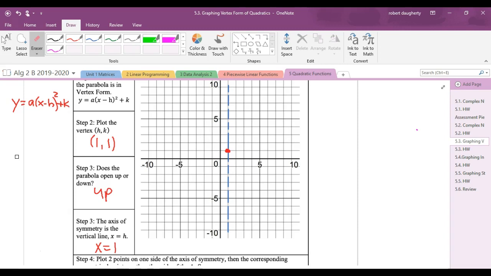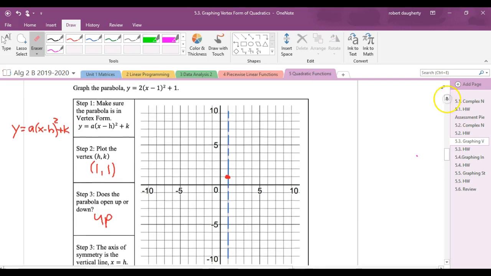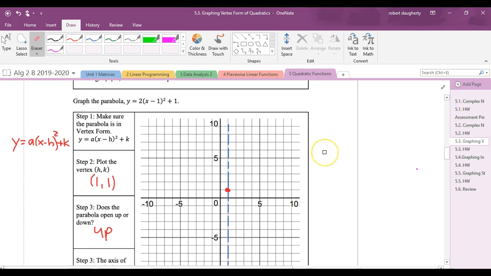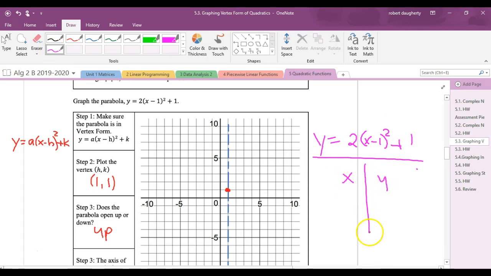So this equation is y equal to 2 times x minus 1 squared plus 1. What's a number very close to 1 that I'd like to pick? 2 is a good one.